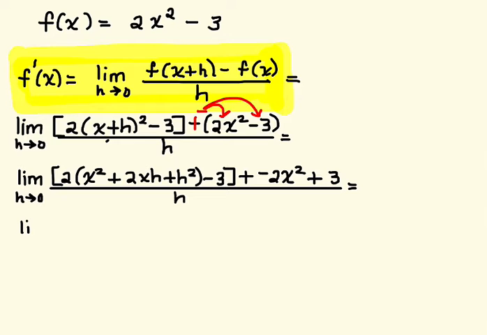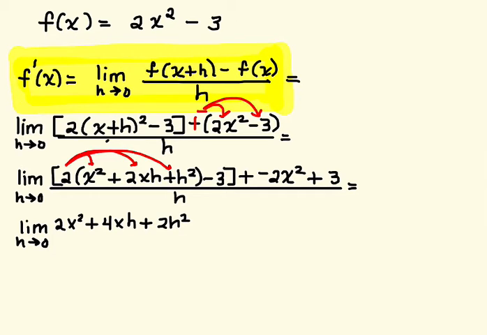Okay, so this is the limit as h goes to 0 of, I'm going to distribute the 2, right? I've got this 2 that has to be distributed to all 3 terms here. So I have 2x squared plus 2 times 2 is 4, xh, plus 2h squared.